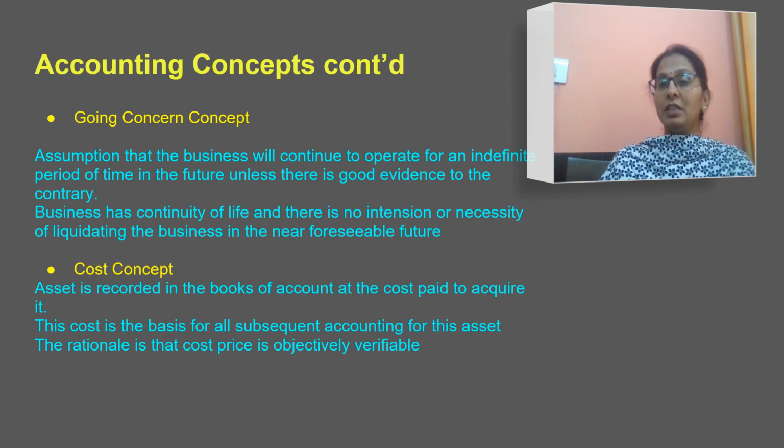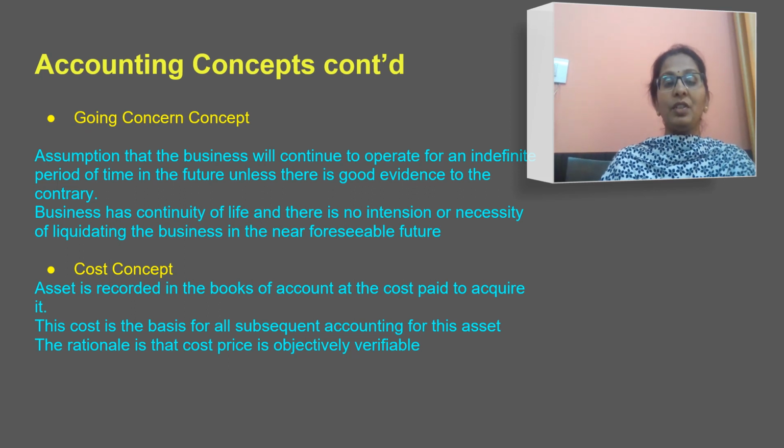We don't assume an end period of the business existence. So we believe that the business has a long life and will continue for a long period. This assumption helps us to categorize the expenses, or any business event, into short term as well as long term.